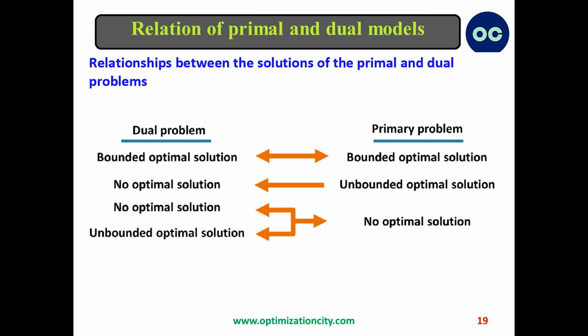It's possible for both problems to have no optimal solution, which is called infeasible, but they cannot both have an unbounded optimal solution. To summarize the different cases, in the right column you have the situation for the primal model, and in the left column the situation for the dual problem.